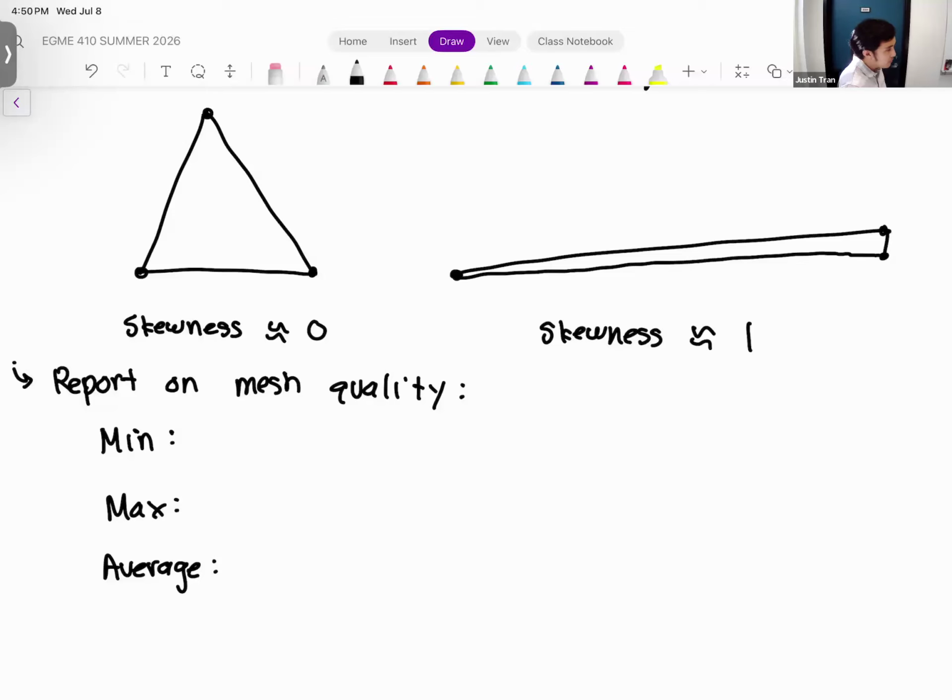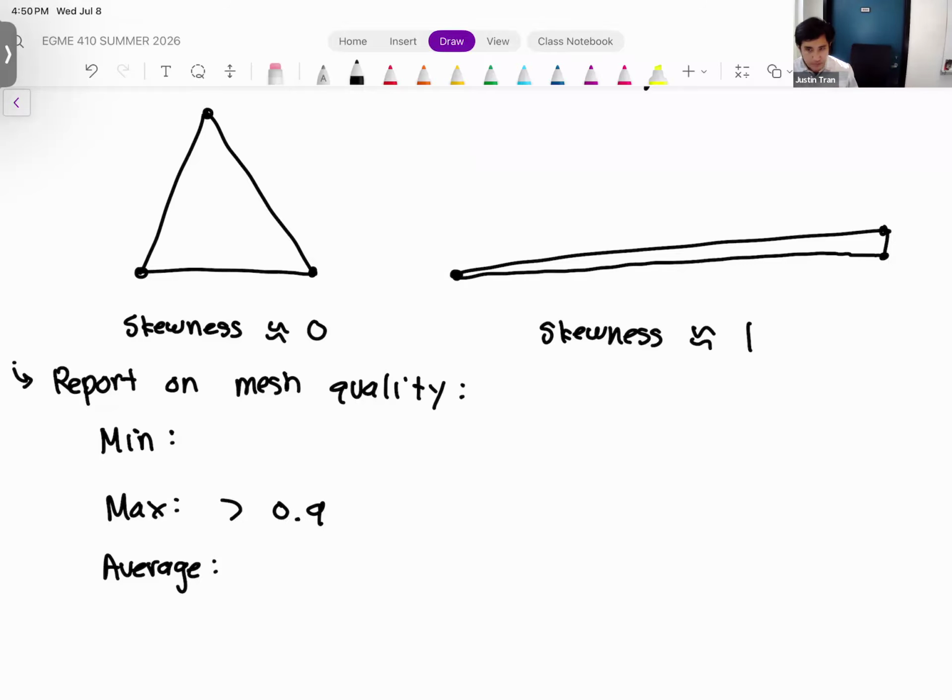Don't take these at face value, or just don't panic at looking at these values. Because for most meshes, you're going to have at least one element, usually several, that end up being very distorted just because they're in a weird spot. Most of the time, you're going to have a max skewness that's something greater than 0.9.